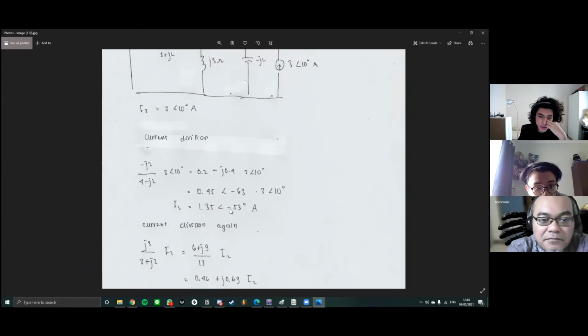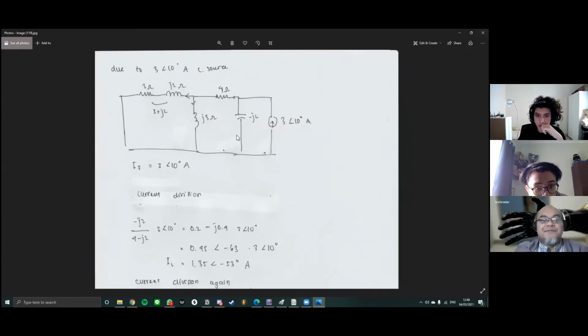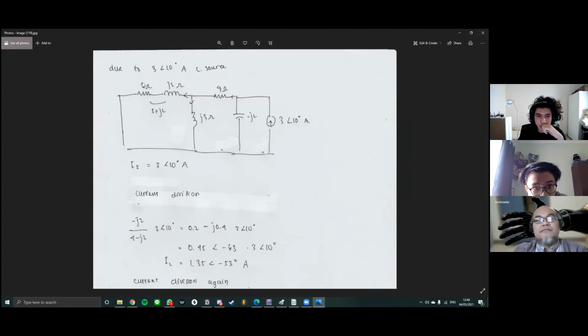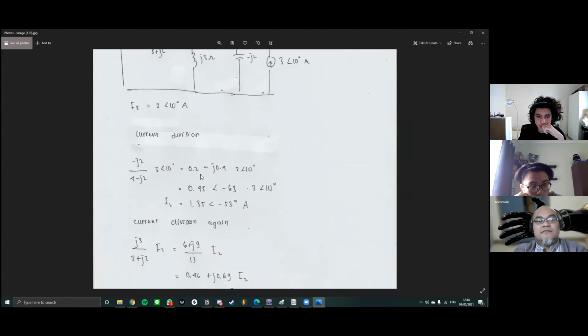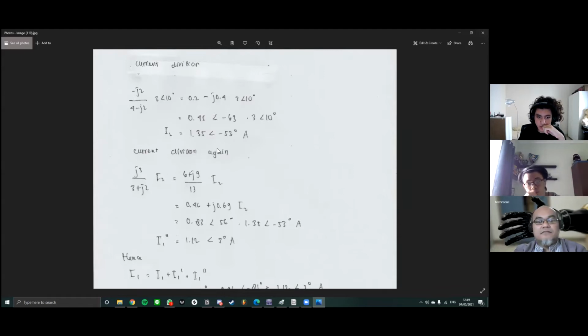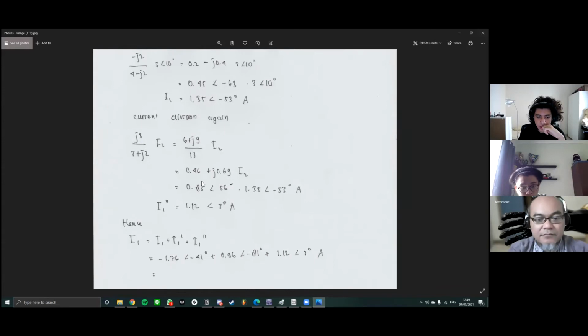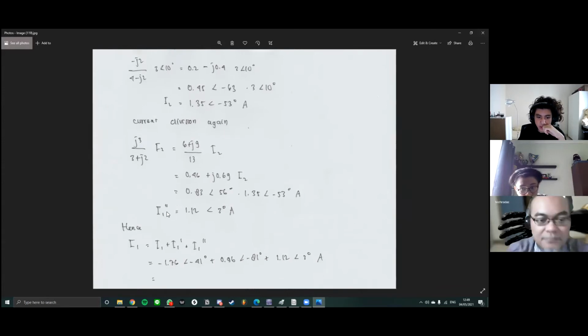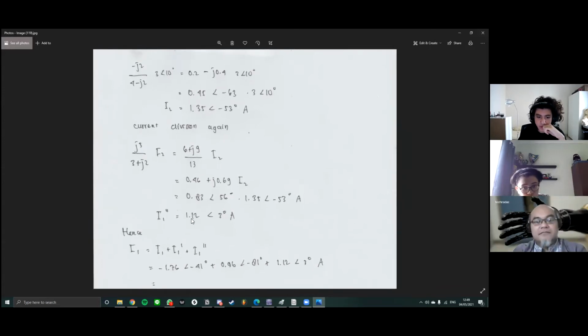Then we do current division again to find the current that flows in this node: j3 over (3 plus j2) times I2, because previously we have calculated I2. We found that I1 double dash equals 1.12 with a phase angle of 3 degrees ampere.